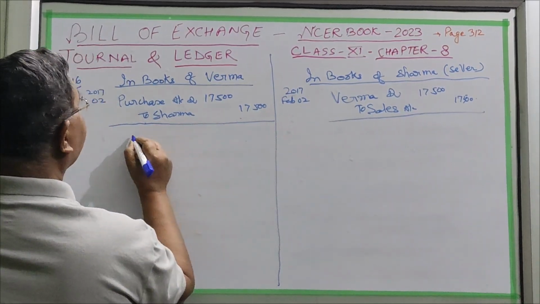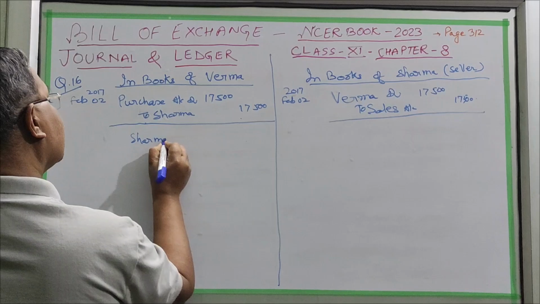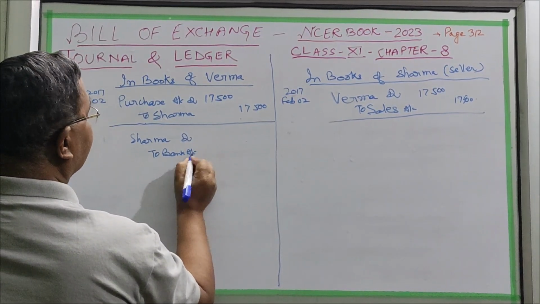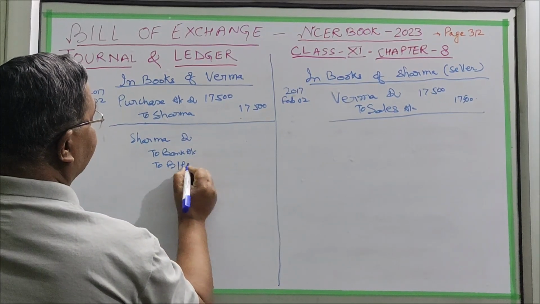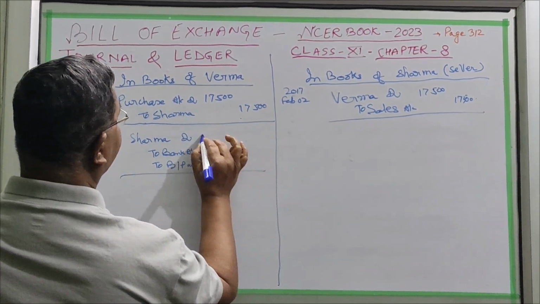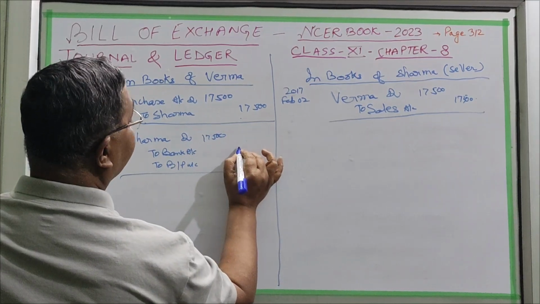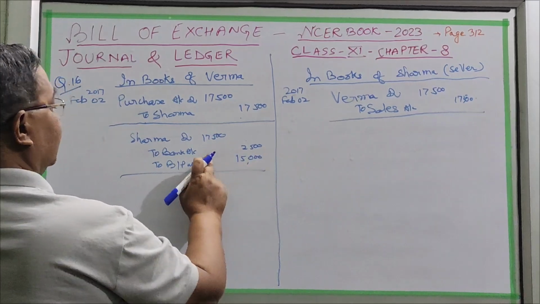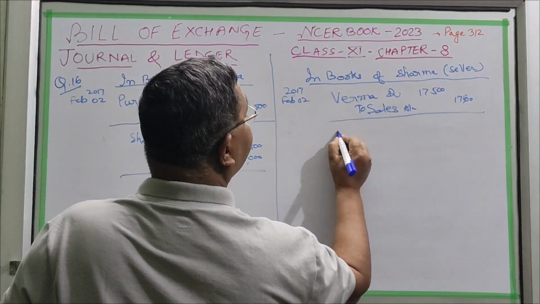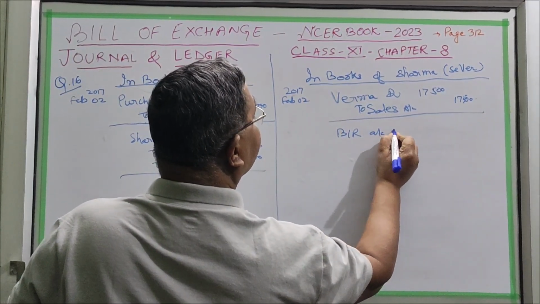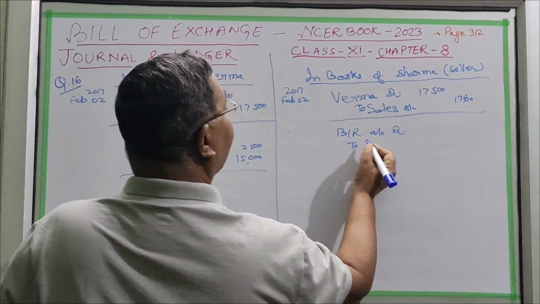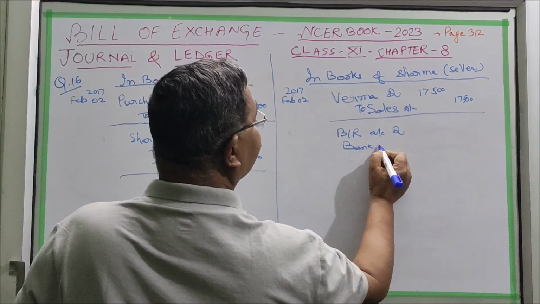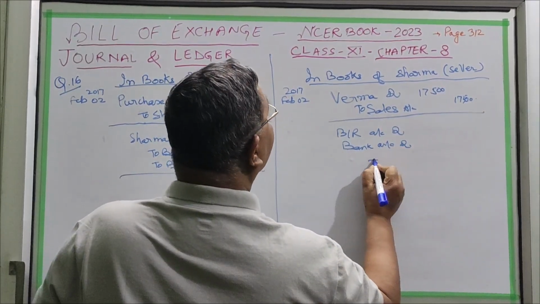Then he will make payment: Sharma debit to bank account and to bills payable account, and the entry will be of 17,500. Bank account 2,500 and 15,000 bill was given. So for this he will receive the bill here. So BR account debit, cash account debit, bank account debit, because money also he is getting, debit to Verma.